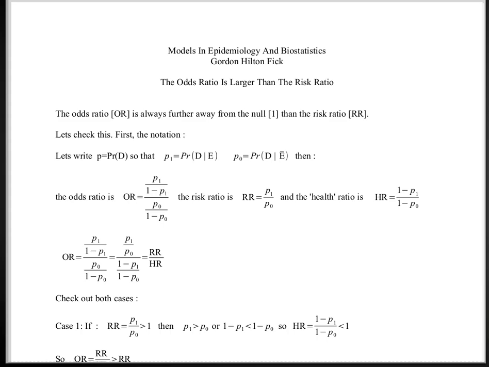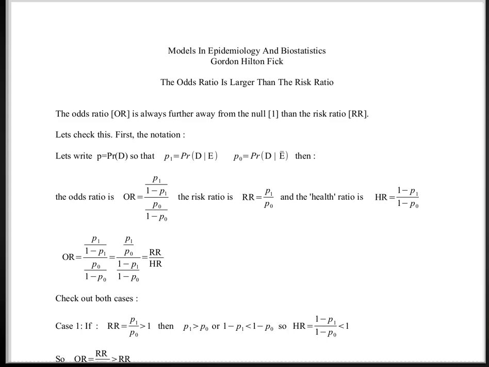That's another topic. But what you will often see is people drawing attention to the fact that the odds ratio is further from the null than the risk ratio in their data, and that somehow this makes the odds ratio seem better to use because it's further from the null. Well, that has nothing to do with their data. In fact, one can show that the odds ratio is always further away from the null than the risk ratio. It isn't just because of their data.